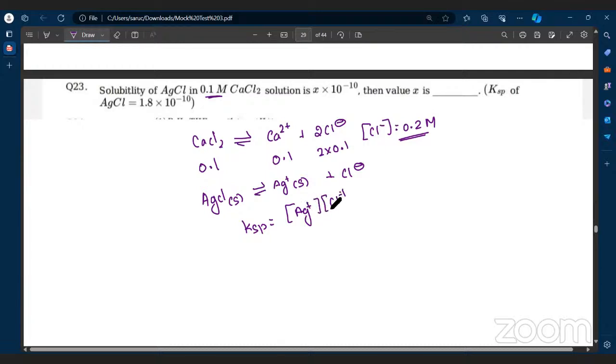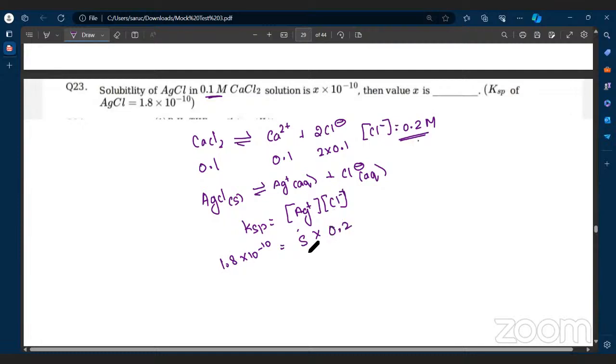Both are aqueous. Why are we not writing AgCl? If we write it, the concentration of solid AgCl remains constant. So now Ksp is given as 1.8 into 10 power minus 10, which is equal to the concentration of Ag plus, which is the solubility, so I can write this as S, into the Cl minus concentration, which is 0.2.